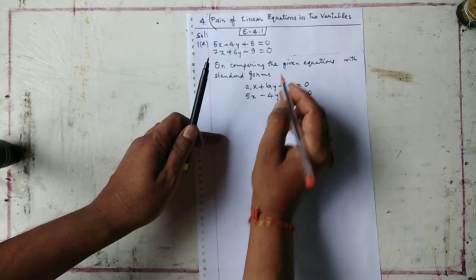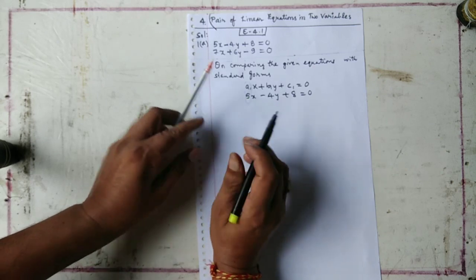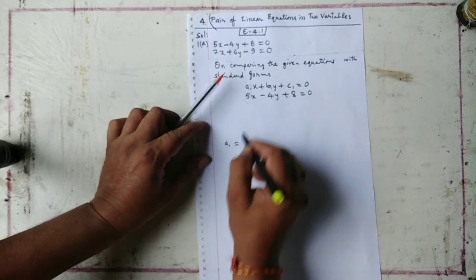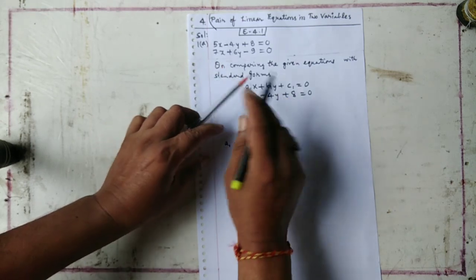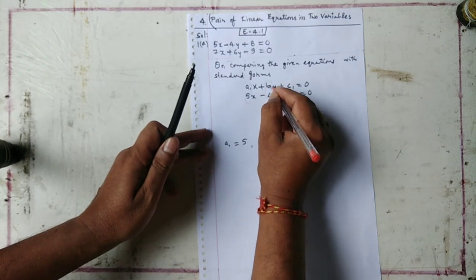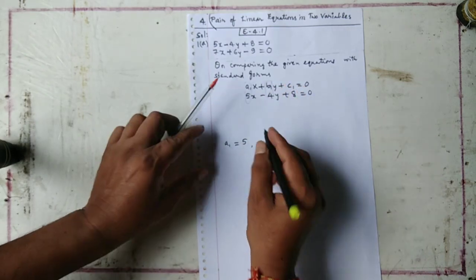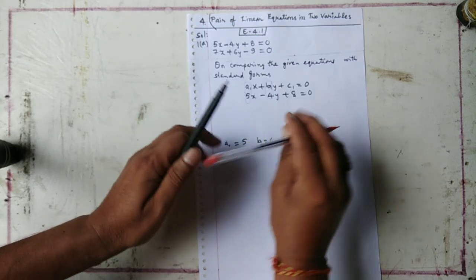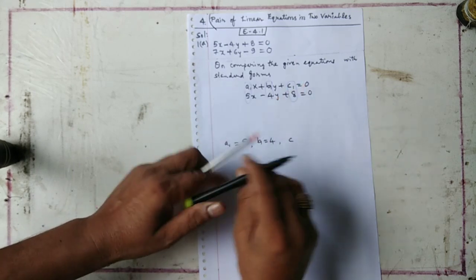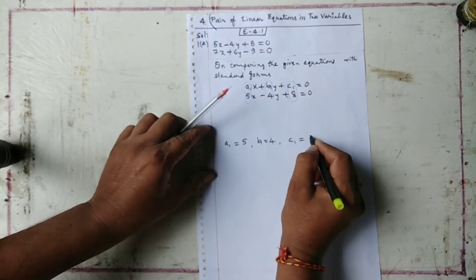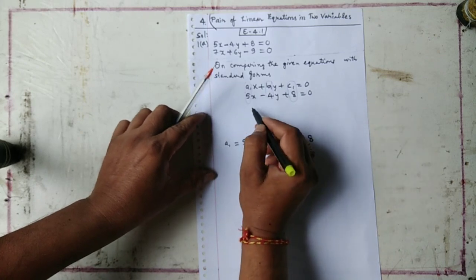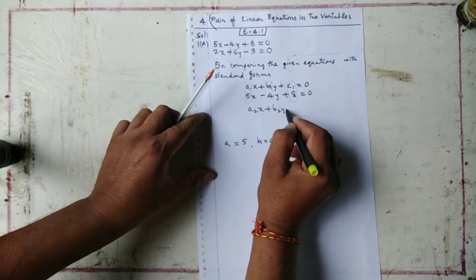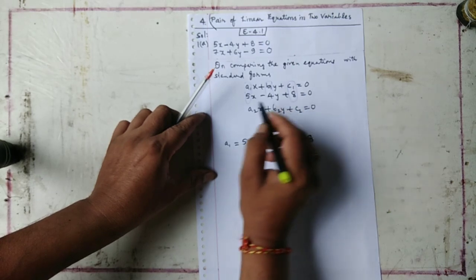a1 is equal to 5, b1 is equal to minus 4, c1 is equal to 8. And a2x plus b2y plus c2 is equal to 0.